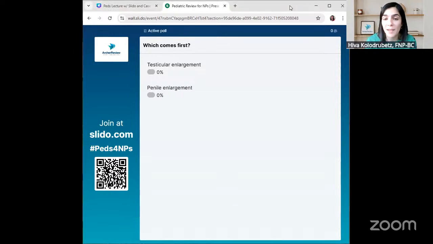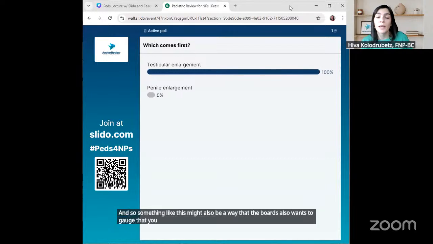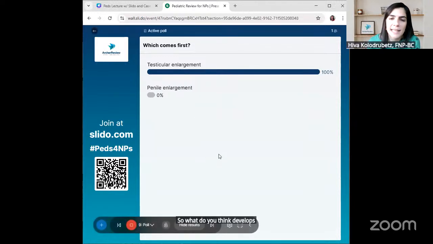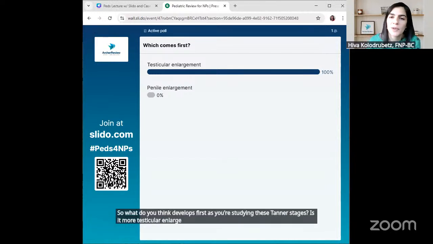And so something like this might also be a way that the boards want to gauge what's normal and what's not normal, so that you're not raising red flags with patients and you're reassuring patients. So what do you think develops first as you're studying these Tanner stages? Is it more testicular enlargement or penile enlargement? Which one comes first?